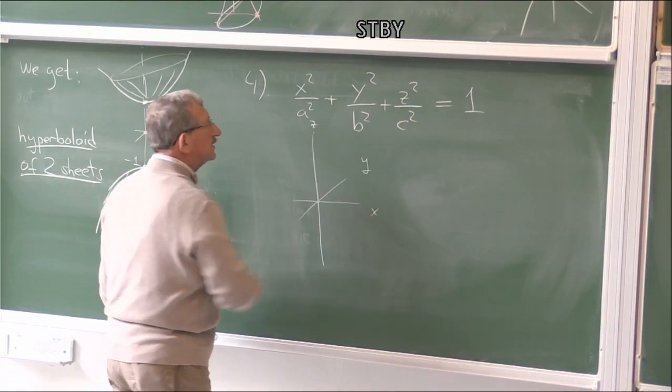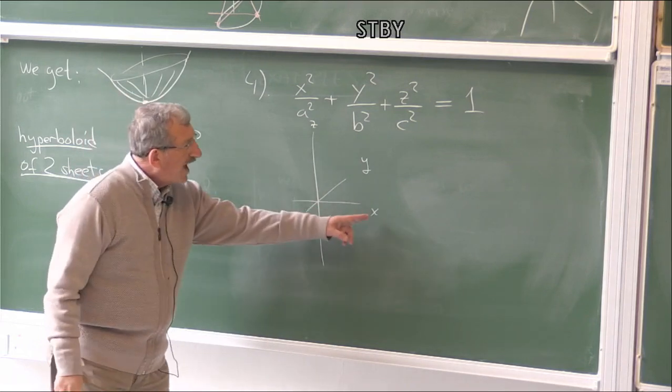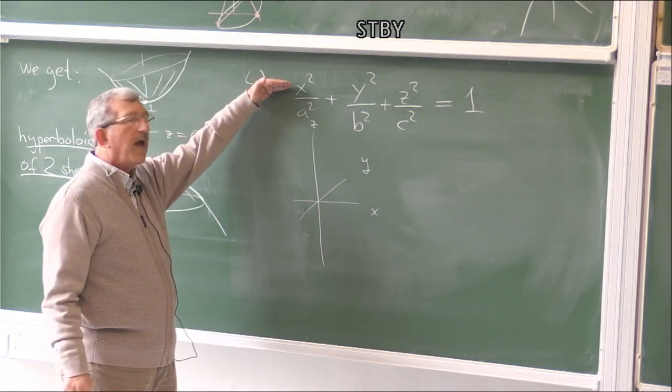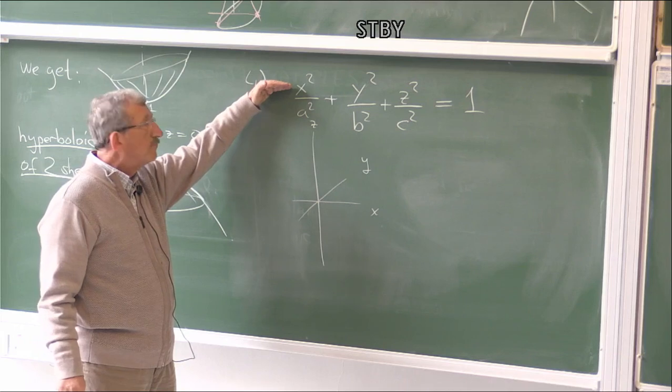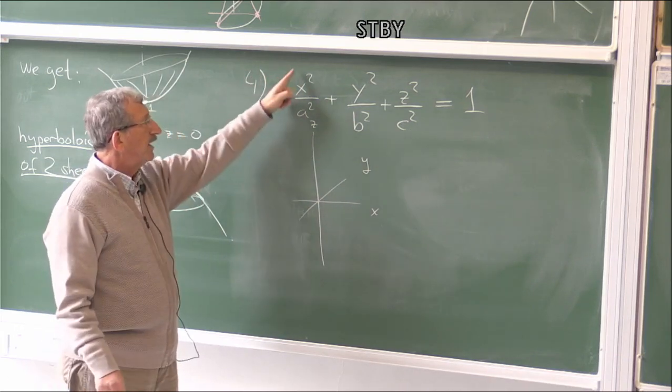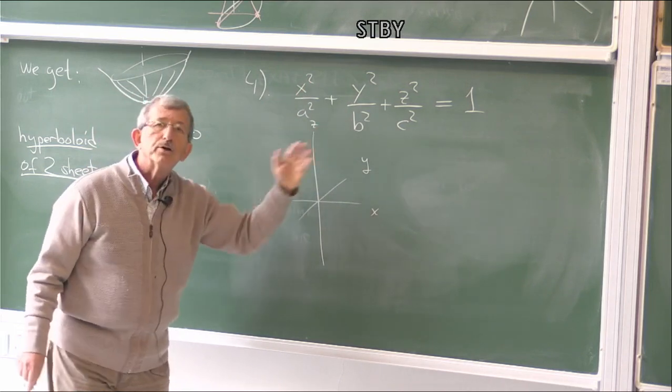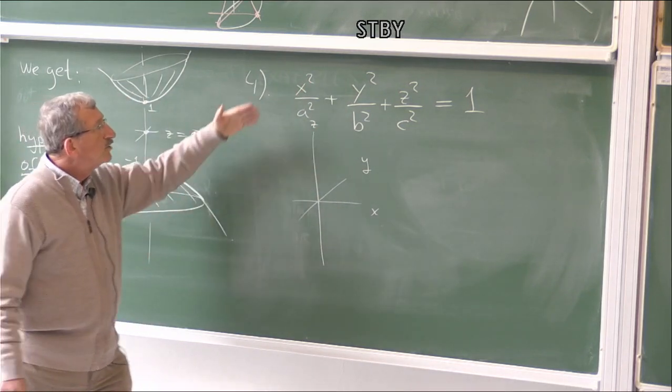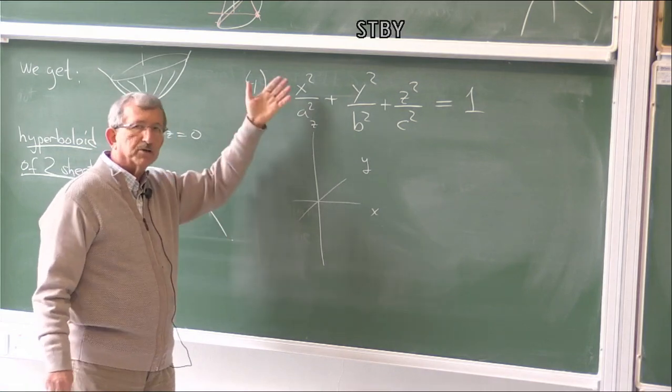This tells us that the largest value of x can be a. Because if x is bigger than a, everything is positive, and this would be bigger than 1, so the equation is not satisfied. So x can be a or minus a because of the square.